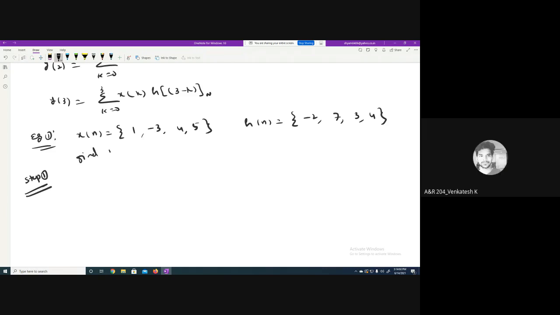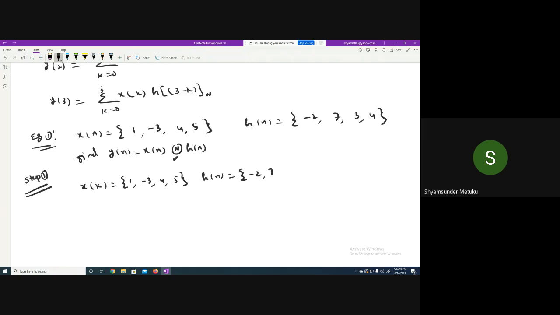Find y of n equal to x of n circularly convolved with h of n, so symbolically you need to perform the circular convolution. x of k is equal to 1, minus 3, 4, 5. h of k is equal to minus 2, 7, 3, 4. This is not n, this should be k. Correct? Step 1 is over.